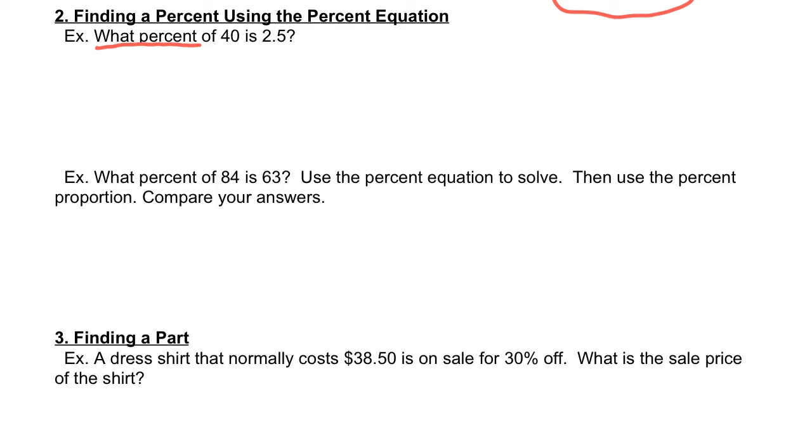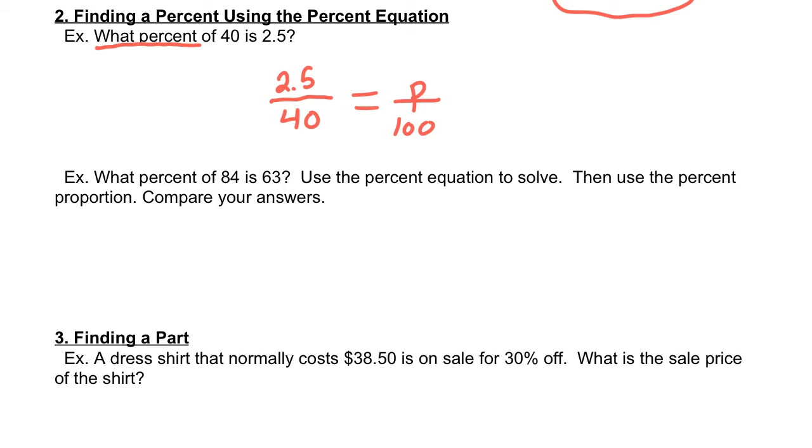But I'm going to keep going with my explanation to help you set this up. So we're asking for what percent, which is always out of 100, of 40 is 2.5? If we're following that is over of, is 2.5 of 40. So 2.5 over 40.